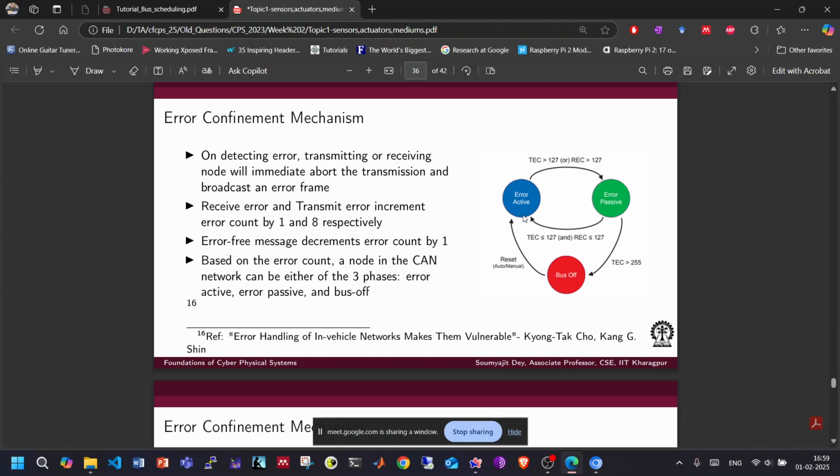And once you cross 16 transmission errors, you decide that it is bad for the traffic if I stop the traffic just to pass the error. So you let others pass and you send a passive error flag, and you wait to go to bus off mode if the error is not reduced by then. So basically it starts from error active mode. In error active mode, you are sending dominant error bits to signify that there is a certain error from this signal. You have to figure it out.